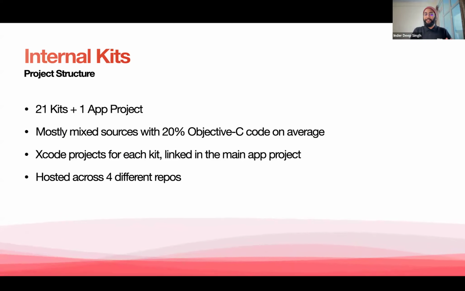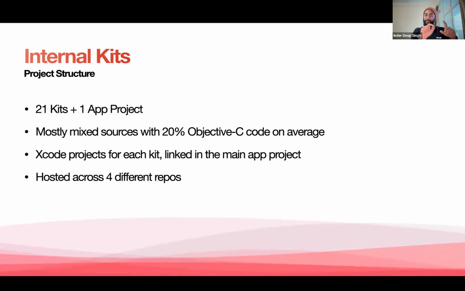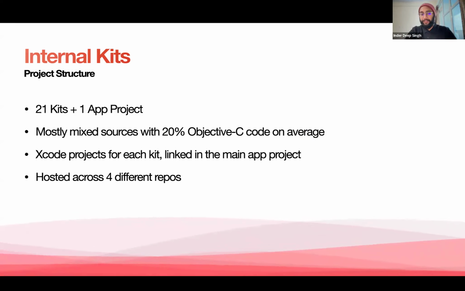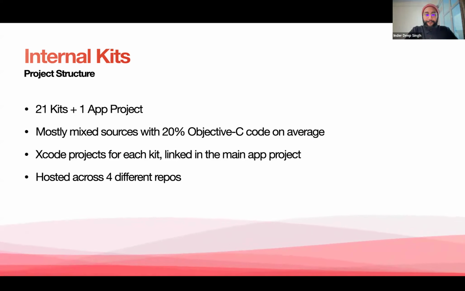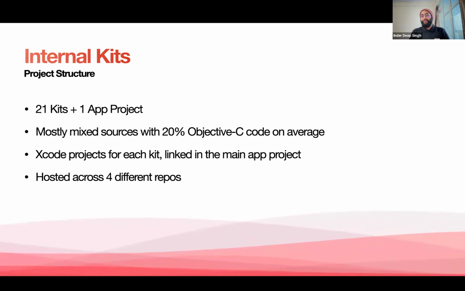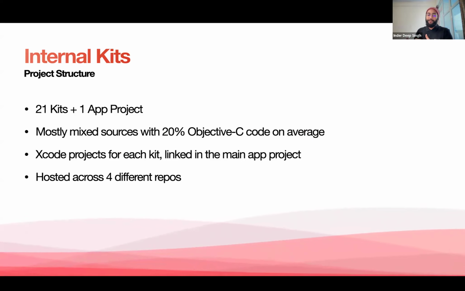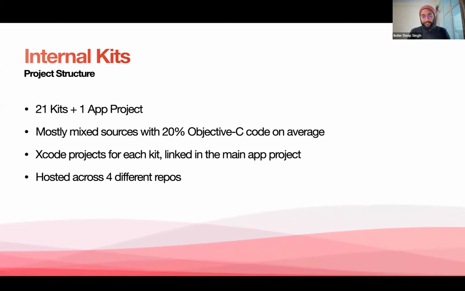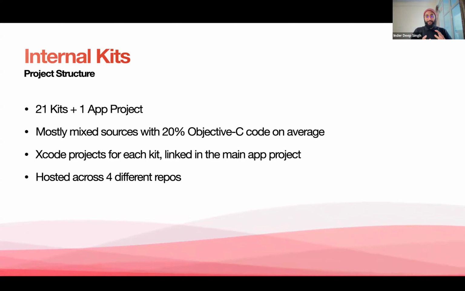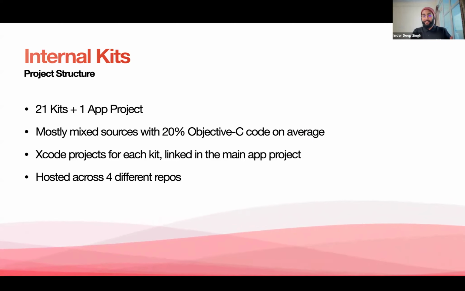So we had 21 kits and one app project. All of these kits were Xcode projects, and they would just link into the main app project like a framework. Most of them have around 20% of Objective-C code, and most of the new stuff that we're working on is just Swift.